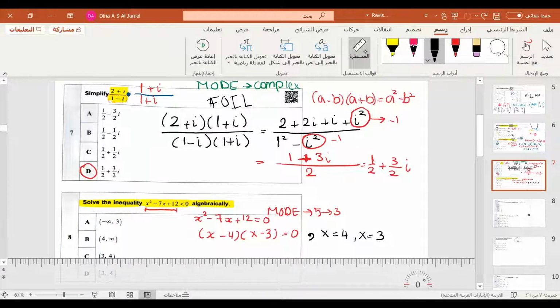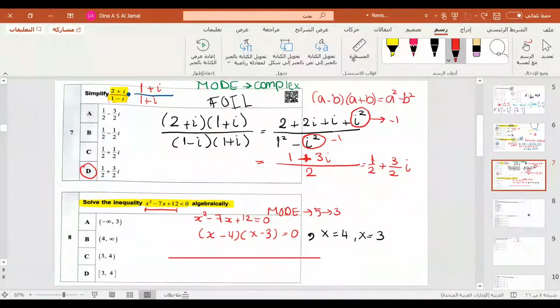Then we should go and graph the number line. Your number line will represent the x-axis, so imagine that you are graphing the x-axis only on the number line. You will have your 0, 1, 2, 3, and 4.